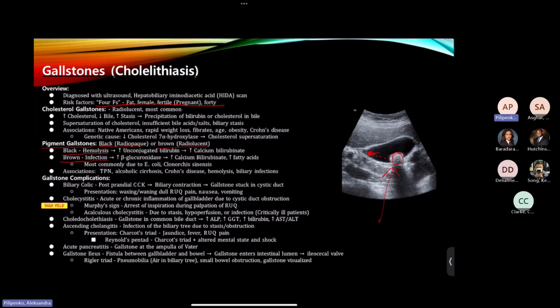Brown gallstones mostly come from infections. Okay, so I think you already learned about the Murphy sign, right? Basically, when you press under the liver, and if it's a pain, it's a positive sign for gallstones or cholecystitis, actually.